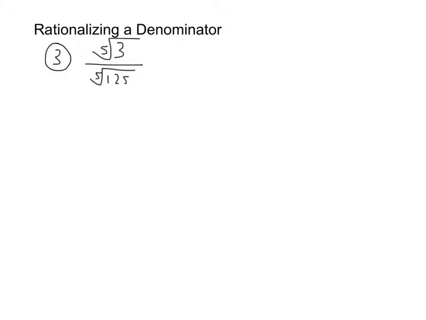Okay, so I've got the 5th root of 3 over the 5th root of 125. Before I think about what I want to multiply by, I think it'd be useful to remember, what's the 5th root of 125? Well, that one doesn't come out perfectly, but if we were to factor that, isn't that the same thing as the 5th root of 5 times the 5th root of 5 times the 5th root of 5?